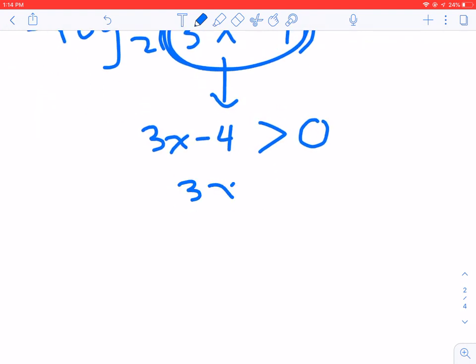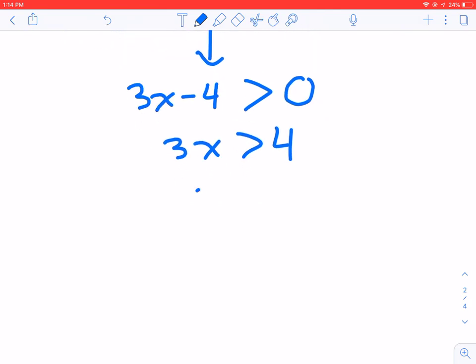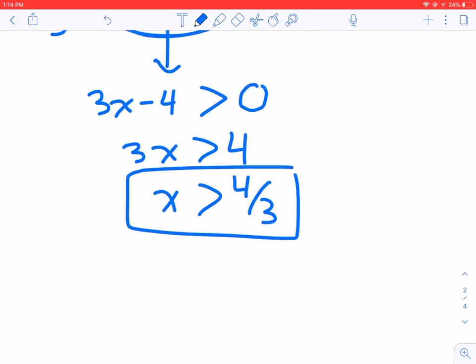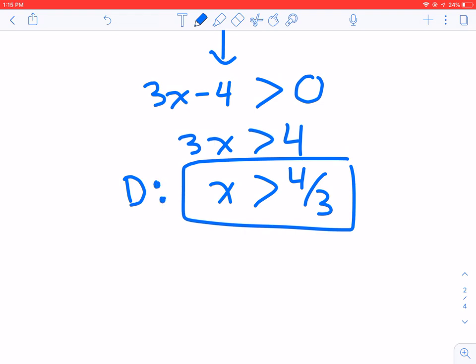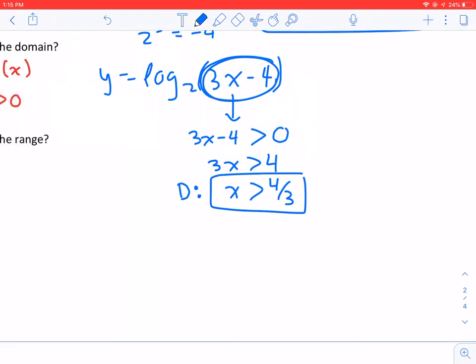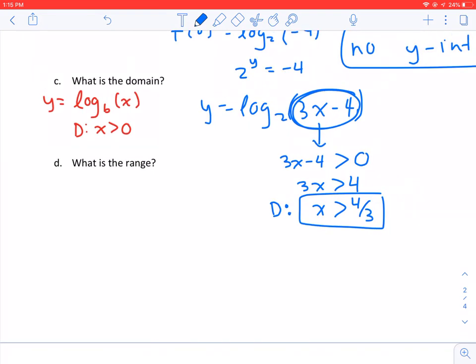When we solve, we get 3x is greater than 4, x is greater than 4/3, and that's our domain. If you want to check on your calculator, feel free to graph it. You will see that is the domain, or that is where our vertical asymptote is also, at 4/3.